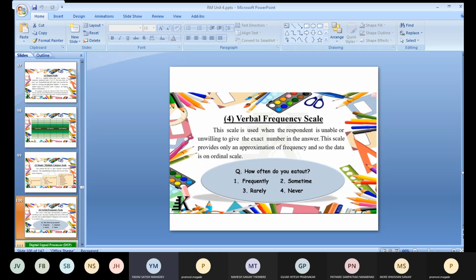Yes, movie watching, correct. No one can say daily मी picture बघत बसतो. नाही. Frequently we can see, sometimes, rarely, and never. Correct. So such kind is called a verbal frequency scale.